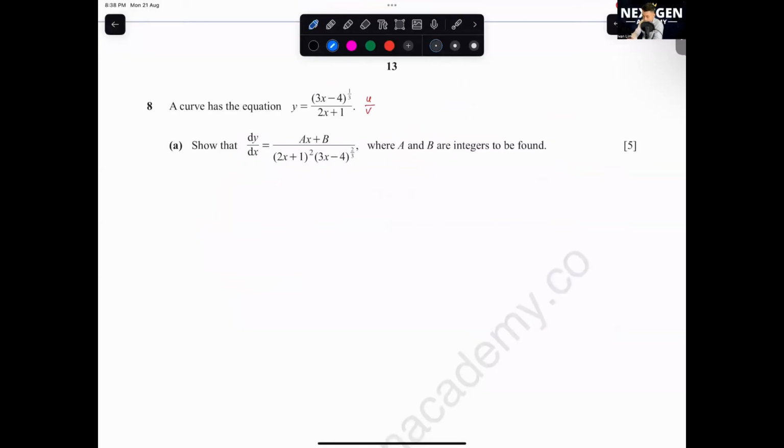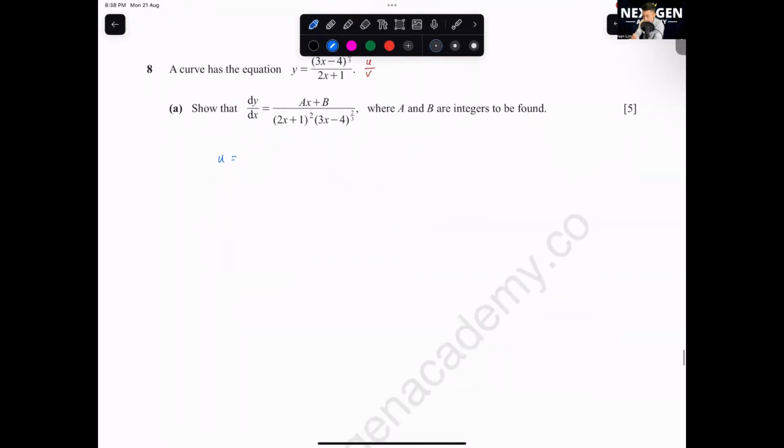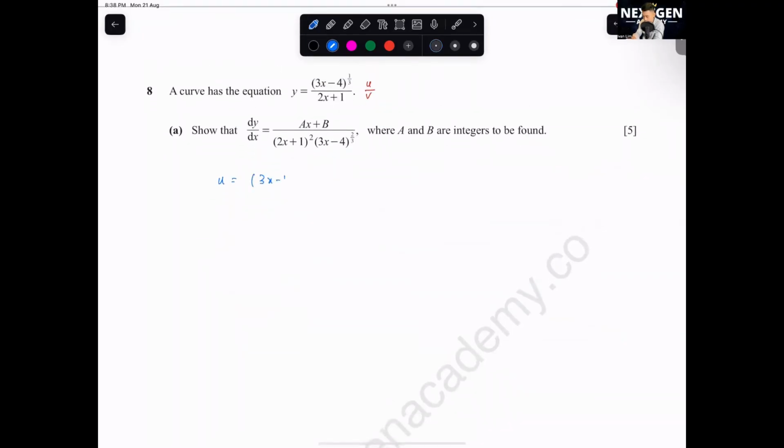Quotient. So quotient rule, I want you all to have a habit. Write down like this first. U equals 3x minus 4, power 1 over 3. V is 2x plus 1. U prime, we're going to do a chain rule over here. 1 over 3, 3x minus 4 power negative 2 over 3, then multiply by 3.